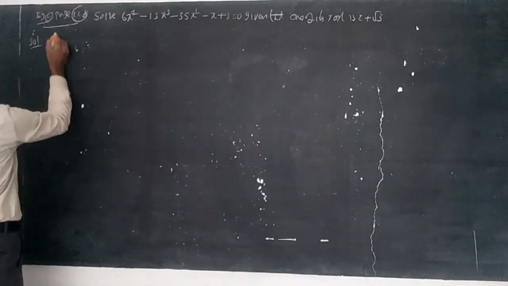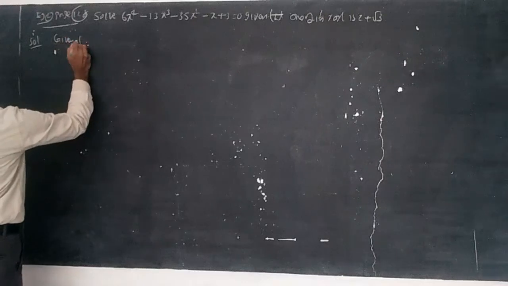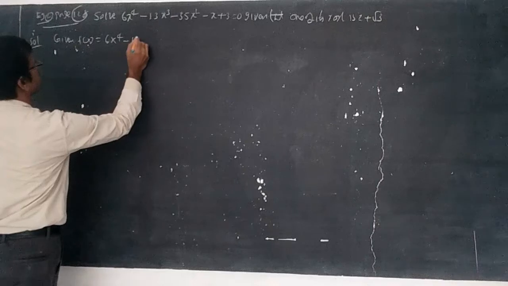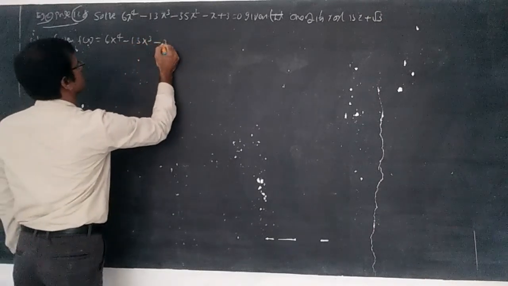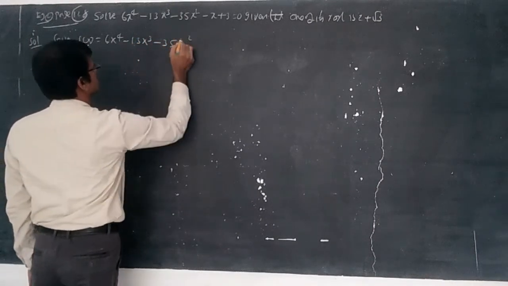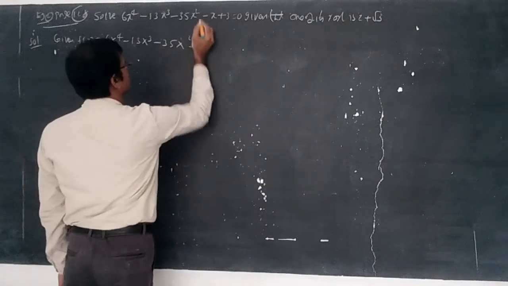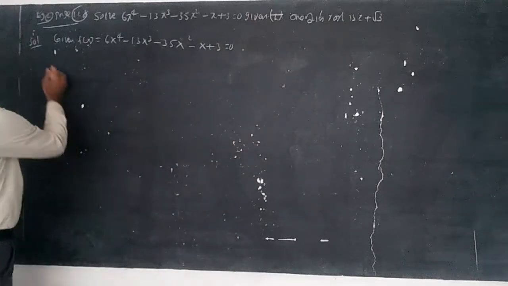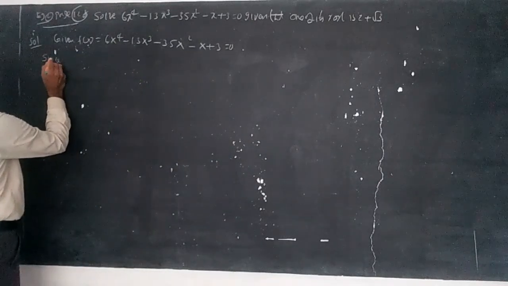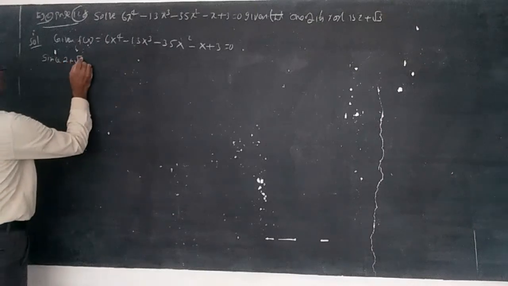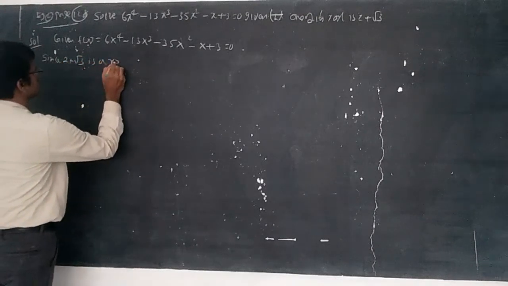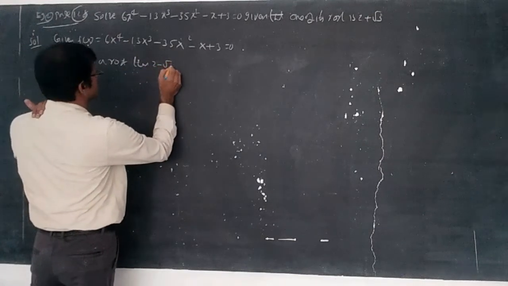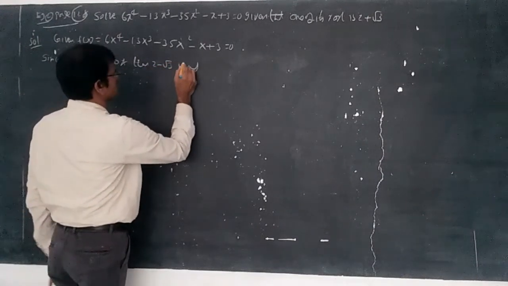First of all, you write given f of x. Given f of x is equal to 6x power 4 minus 13x cubed plus 35x square minus x plus 3 equal to 0. Next, since 2 plus root 3 is a root, then 2 minus root 3 is also a root.